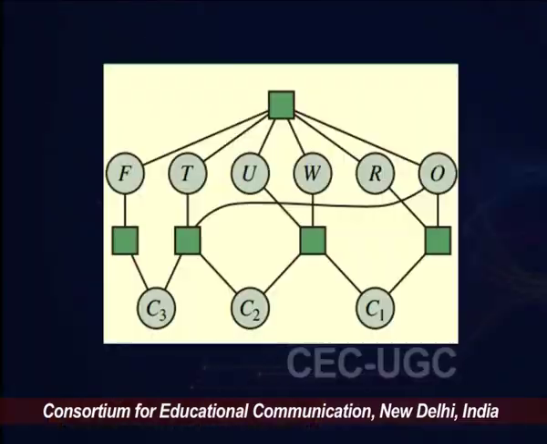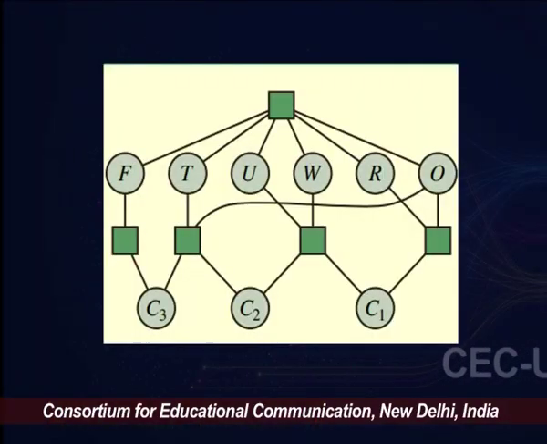Hypernodes are squares which represent the constraints. These constraints can be binary or more than that. The hypergraph of this two plus two equals four cryptarithmetic problem looks like the figure shown on the screen.